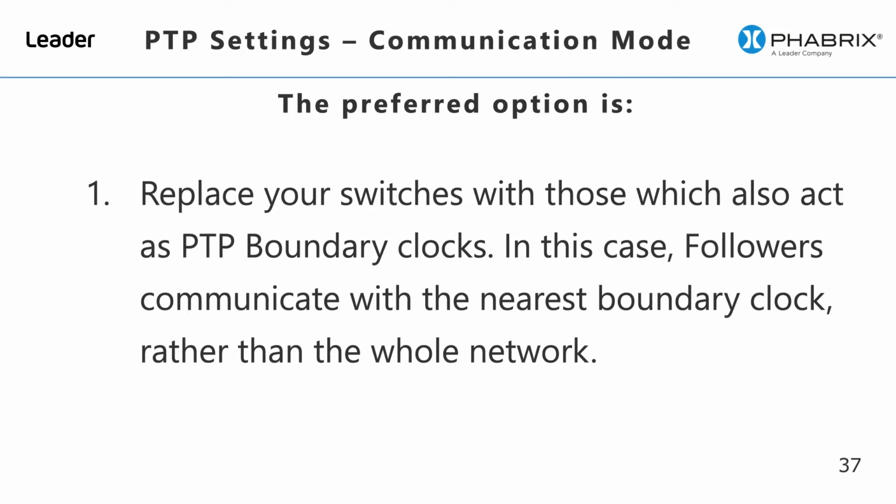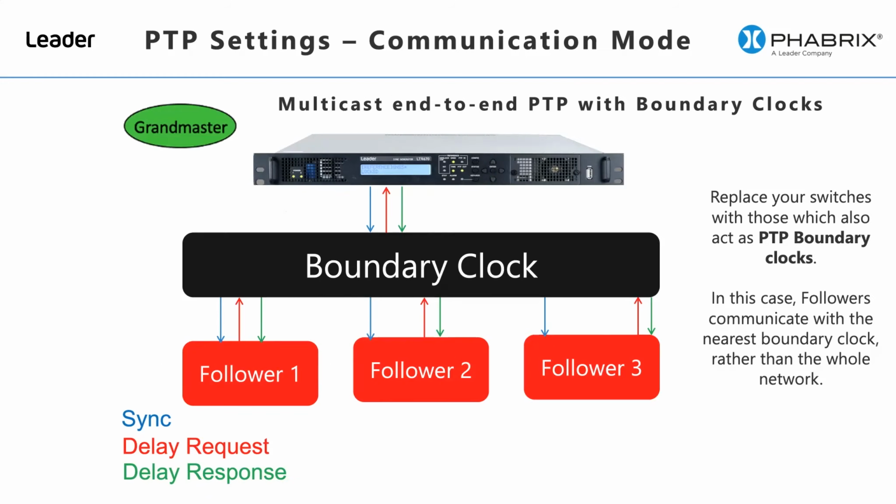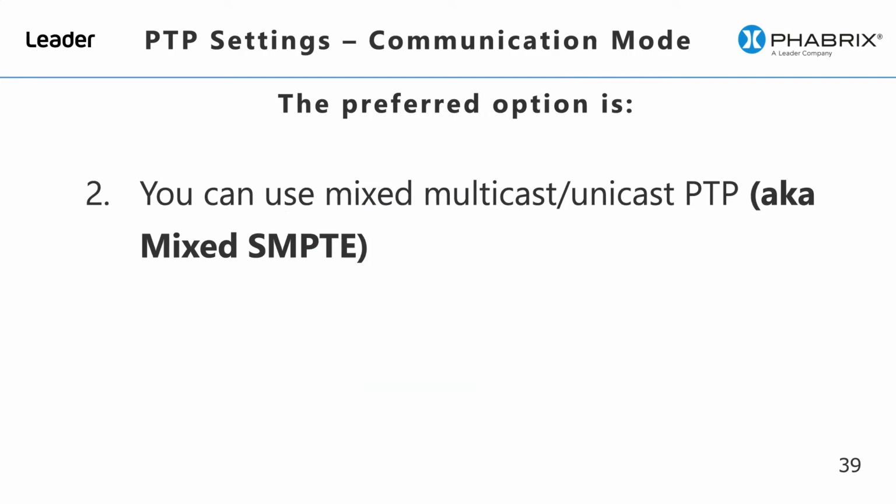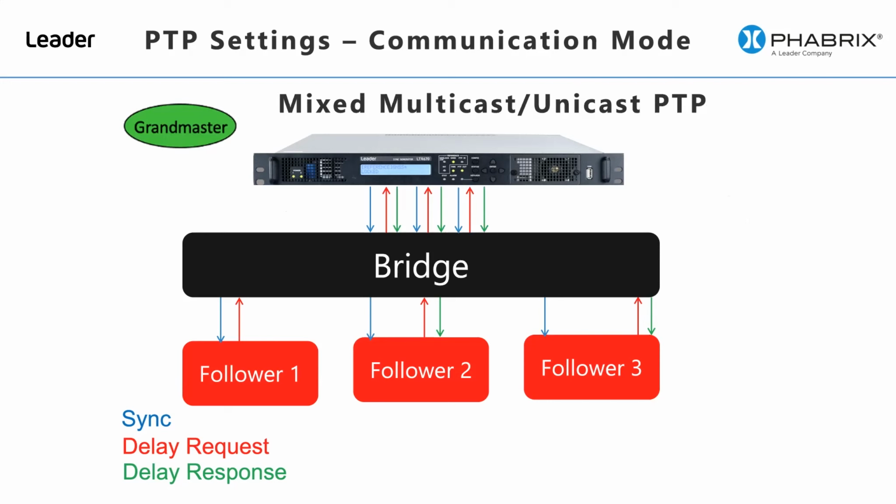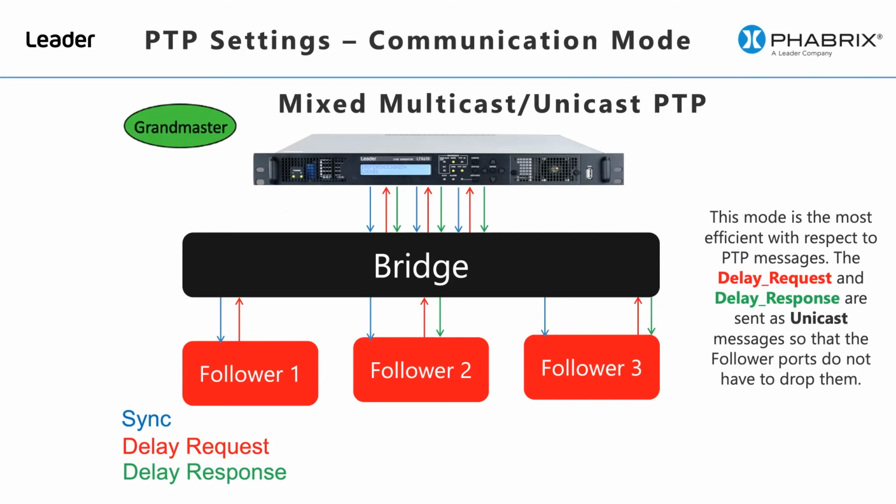The preferred option, replace your switch with those which also act as PTP boundary clocks. In this case, followers communicate with the nearest boundary clock rather than the whole network. You can use mixed multicast/unicast PTP, also known as mixed SMPTE. This mode is the most efficient with respect to PTP messages.